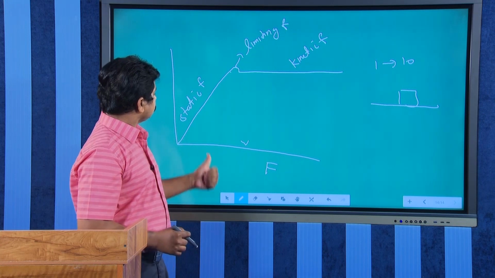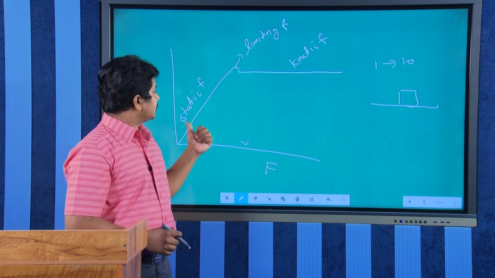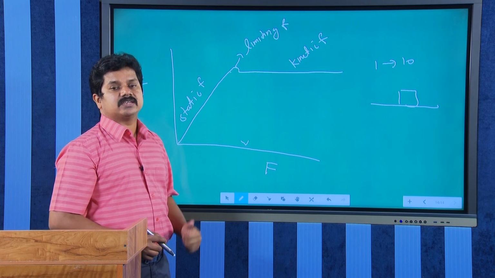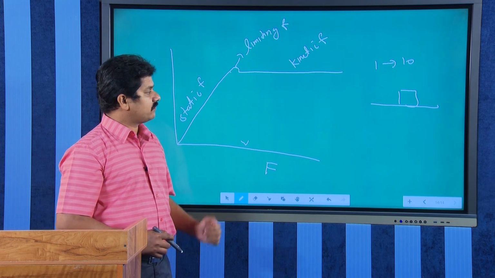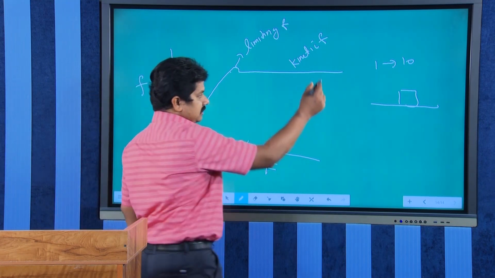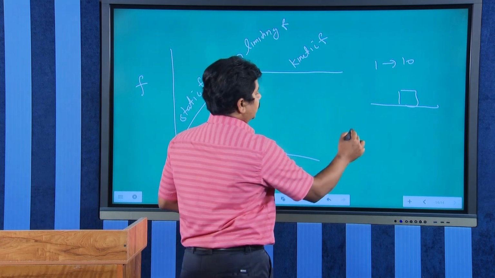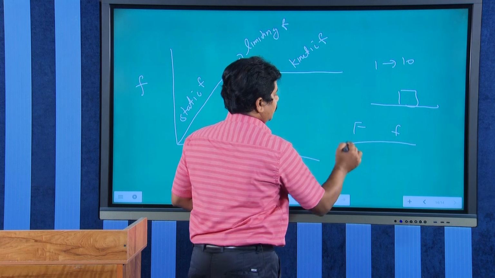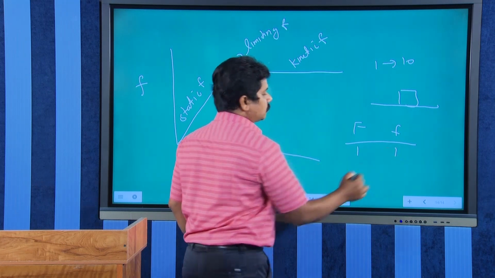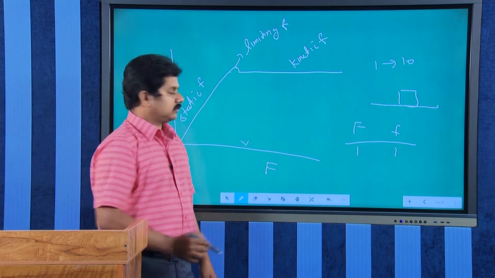Okay. Now, we can say that static friction is self adjusting friction. Self adjusting in the sense, in this example, when the applied force was 1 Newton, friction also was 1 Newton.